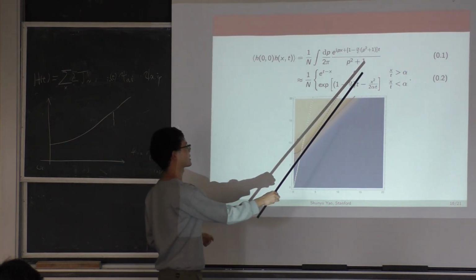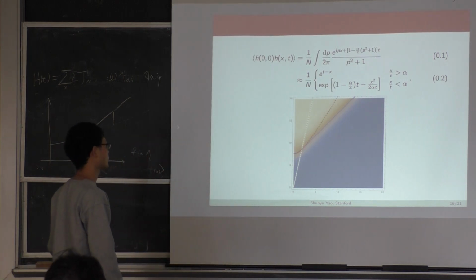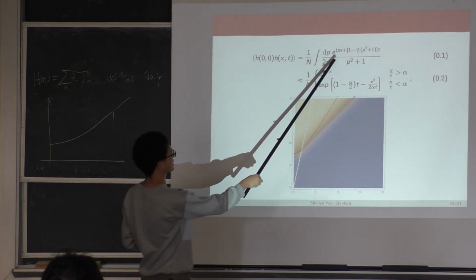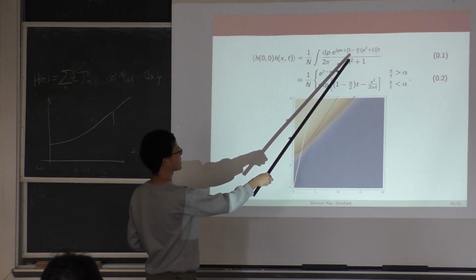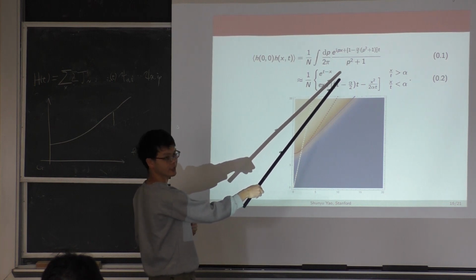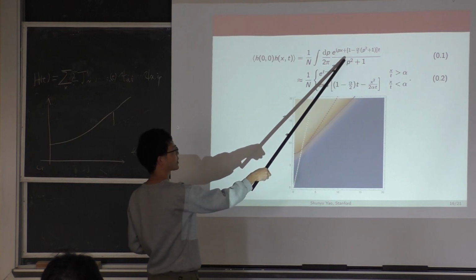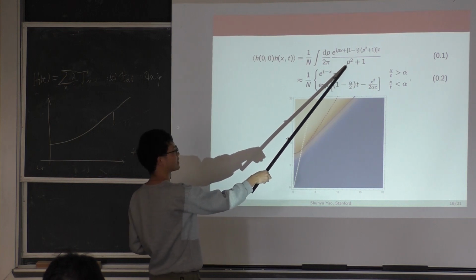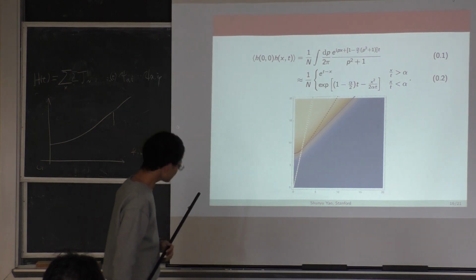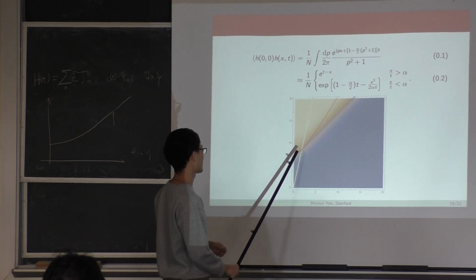When x over t is larger than alpha, you actually get the contribution from the pole. That's because if you solve the saddle point equation for p here, p is equal to something like ix over alpha t. So if x over t is very large, that saddle point could be even larger in magnitude than p equal to i. Okay, so that's where this diagram comes from.